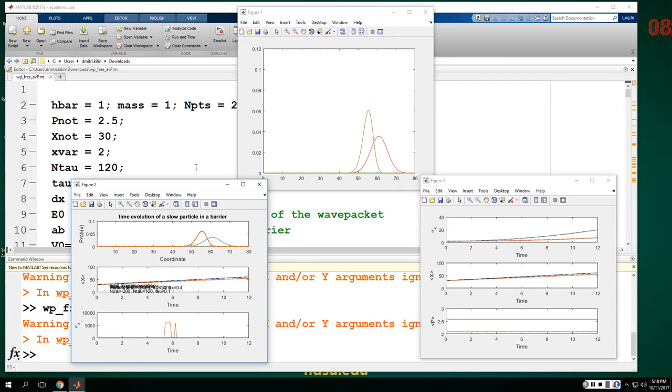class by analytical methods, we did what? We suffered. We applied different methods for different key features of this particle, of this wave packet.